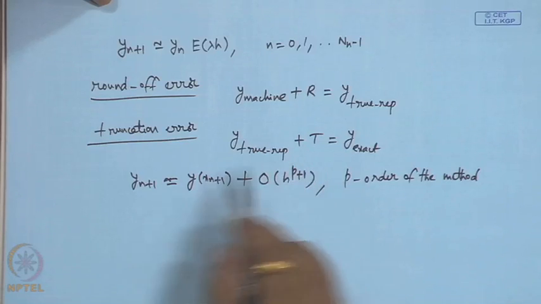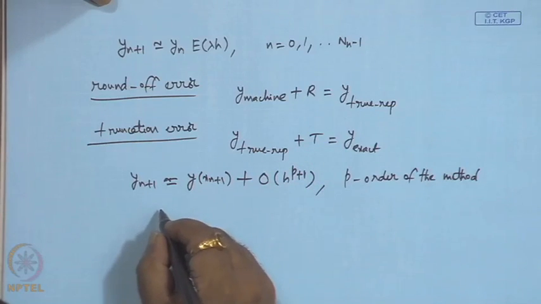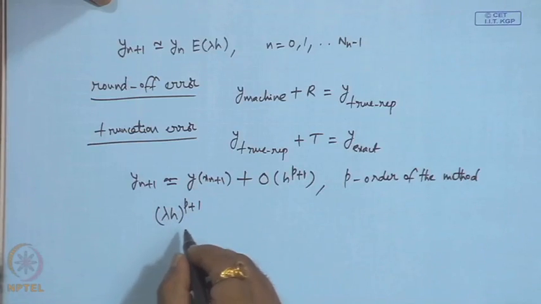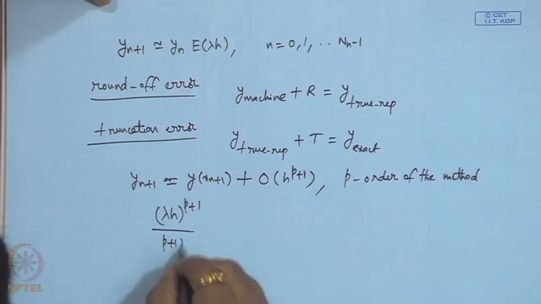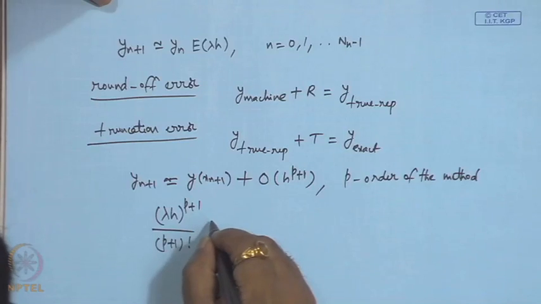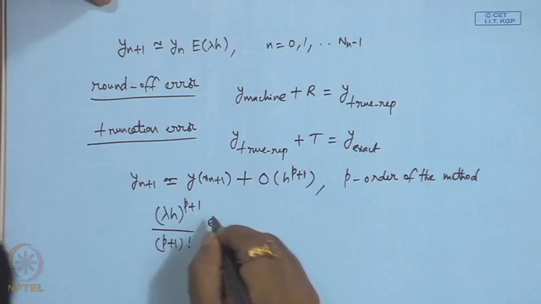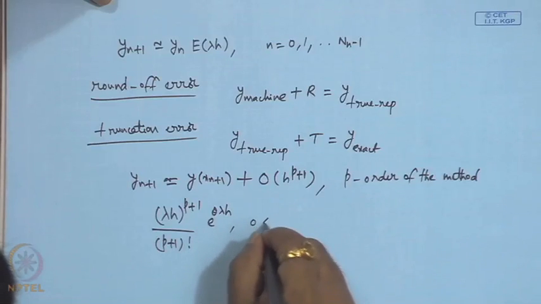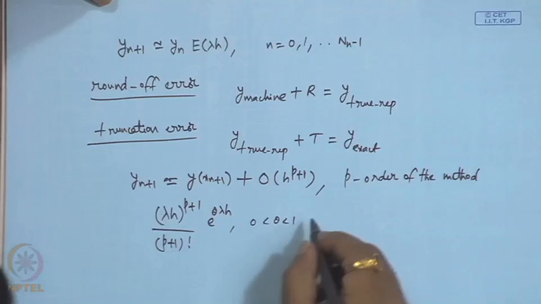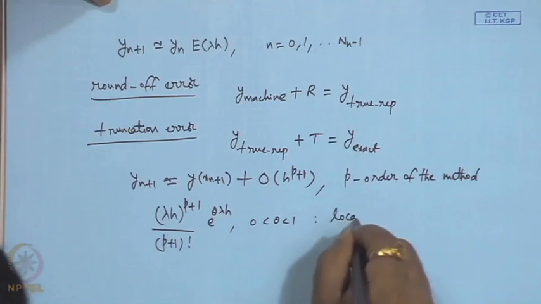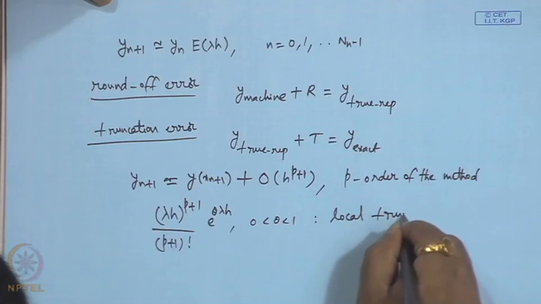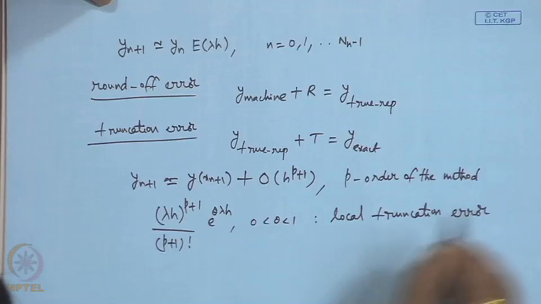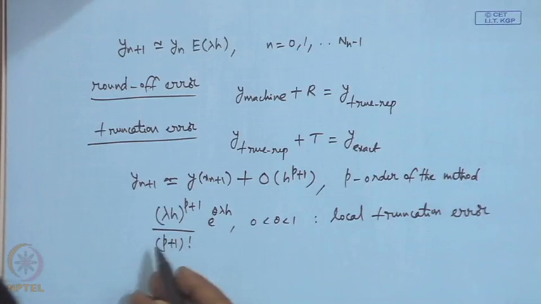So, if the method is pth order, then t is C h to the power p plus 1 times some theta. So, this is the local truncation error, a more general form.